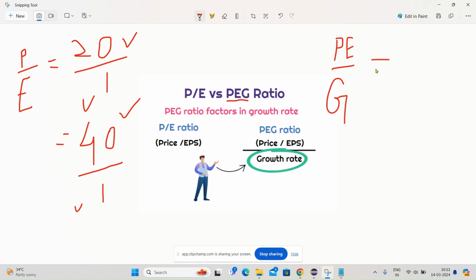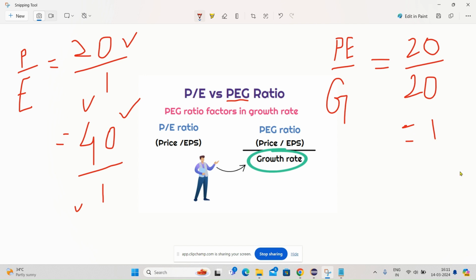When you talk about the PEG ratio, for a PE of 20, let's say there is a growth percentage of 20 for that company. It means 20 divided by 20, which is equal to 1.